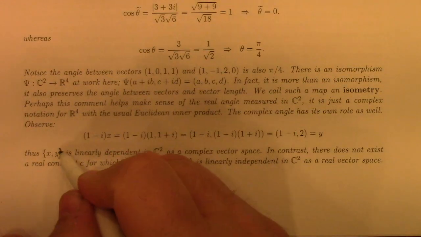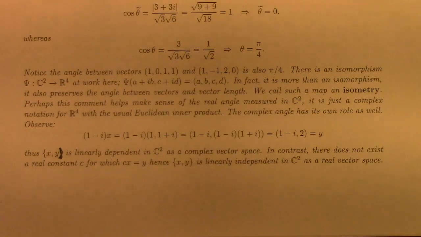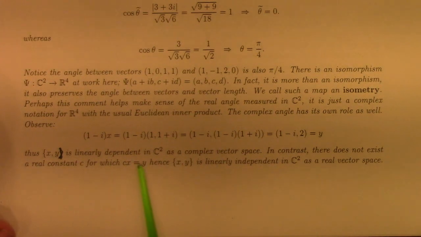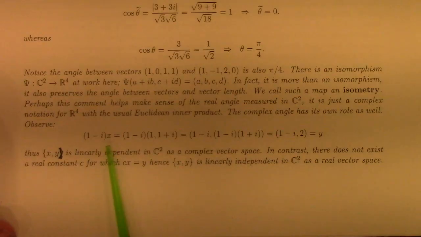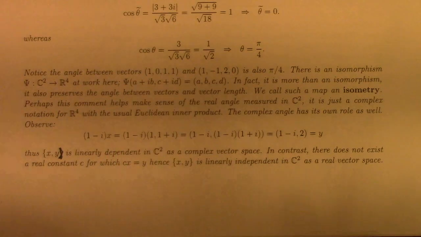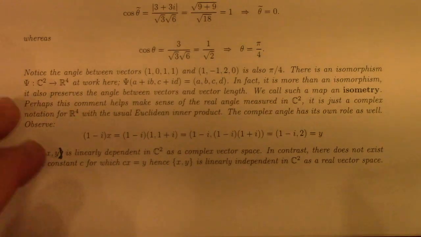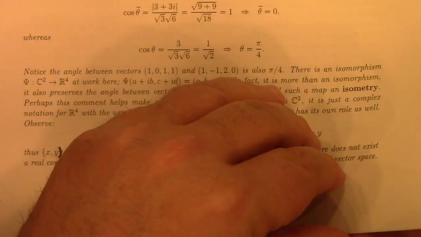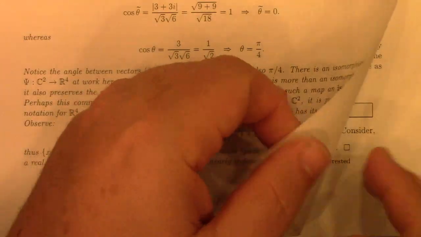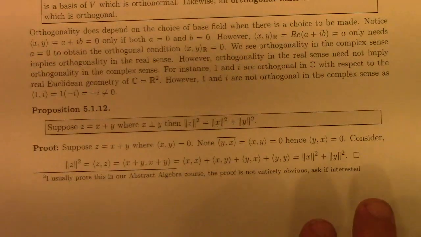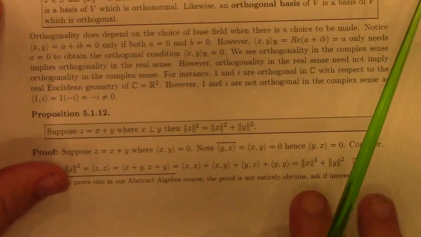So this is a linearly dependent set, because y is a multiple of x. In contrast, in the real sense, x comma y is linearly independent because these are not multiples. So there is a difference between real and complex angle.